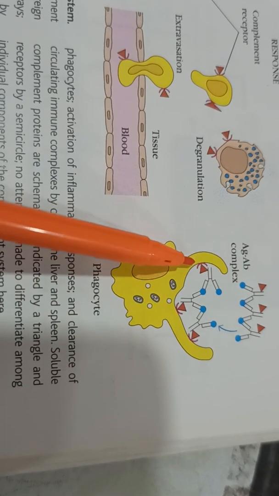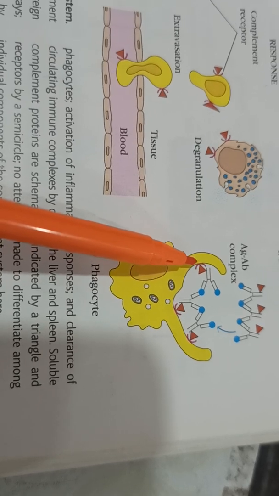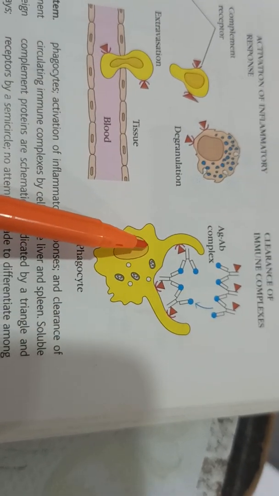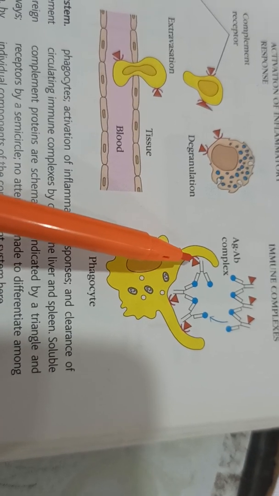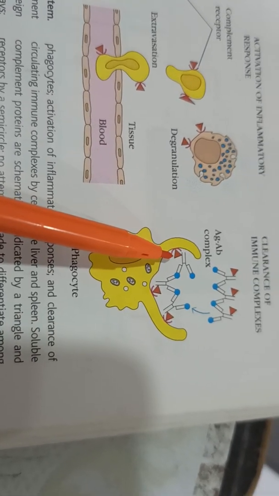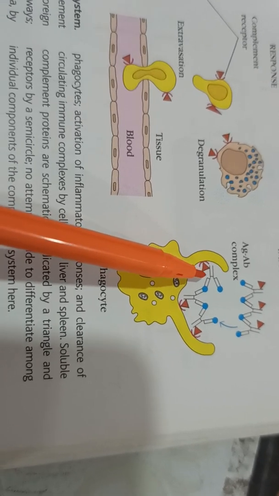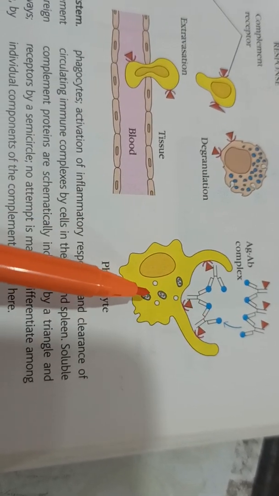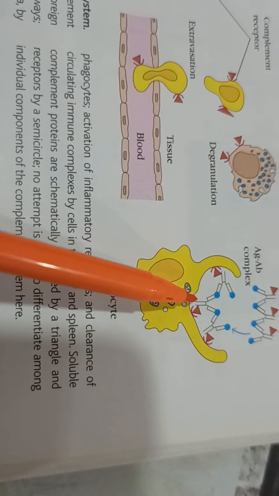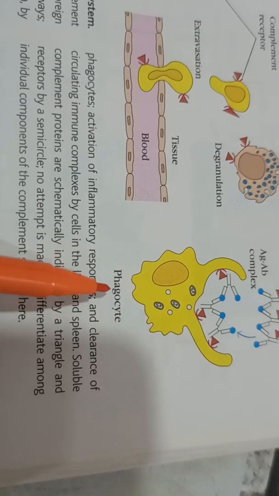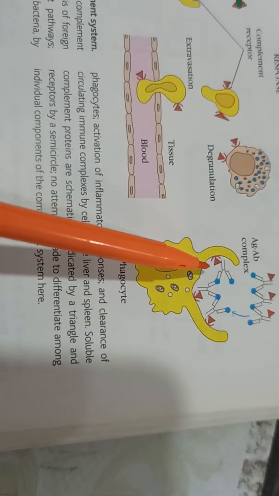Further, as we have already discussed, there are receptors for complement binding on phagocytic cells. So the complement binds to the antigen-antibody complex, the immune complexes, and allows these immune complexes to bind to phagocytes, and the engulfment and clearance of these immune complexes by phagocytes is also helped by complement in this way.